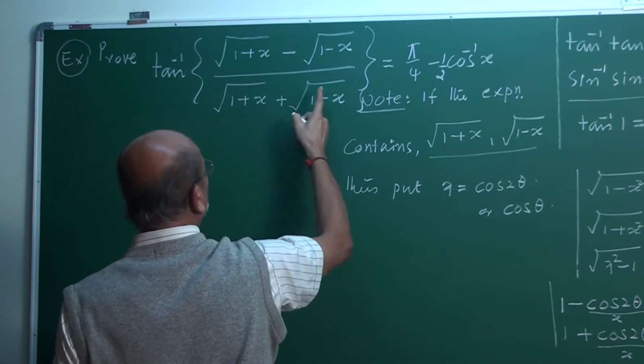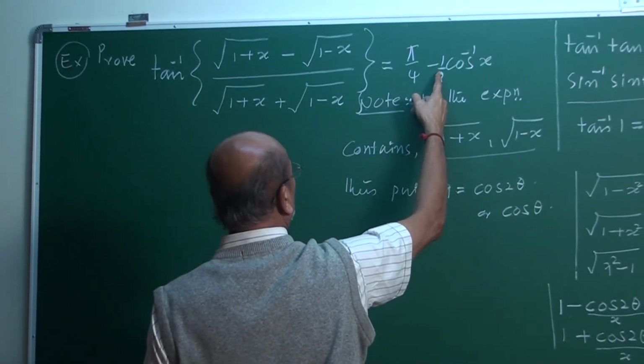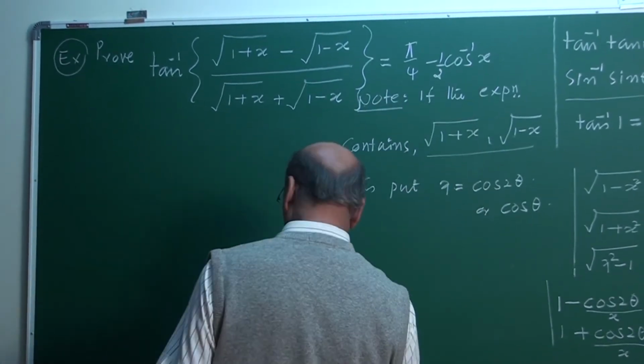Prove tan inverse of this equal to pi by 4 minus 1 by 2 cos inverse x.